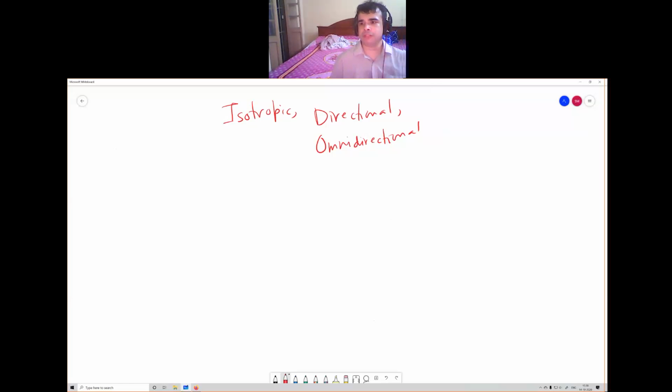So what will the radiation pattern of an isotropic antenna in the E plane look like? Very good, circular. And in the H plane?